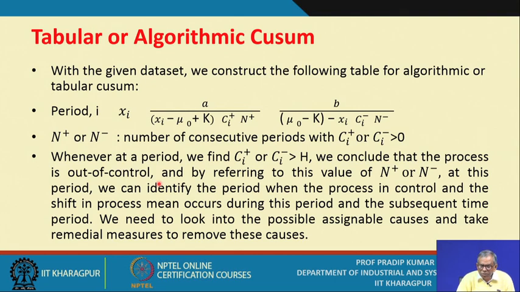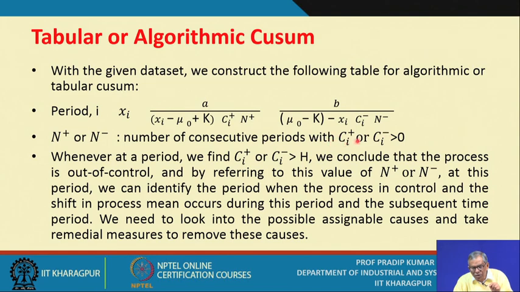And by referring to this value of n plus or n minus, that means how many consecutive time periods you are observing positive deviation. Are you getting my point? That is very, very important. Now, when you refer to this value, say 5 or 6, if it is 5, it means that for 5 consecutive time periods you have positive deviations.